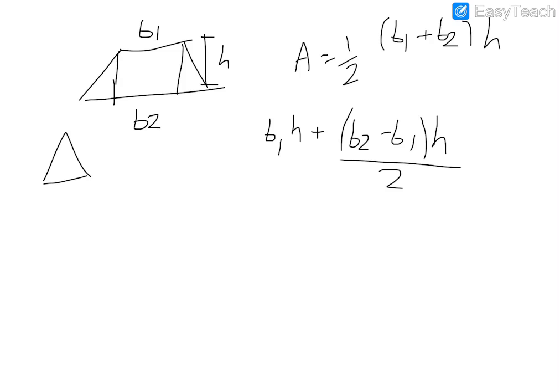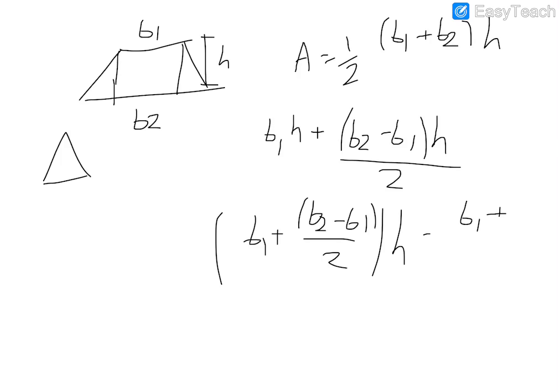So that would just turn into (B1 plus (B2 minus B1) over 2) multiplied by height, or you can just simplify it as (B1 plus B2) over 2 times height.